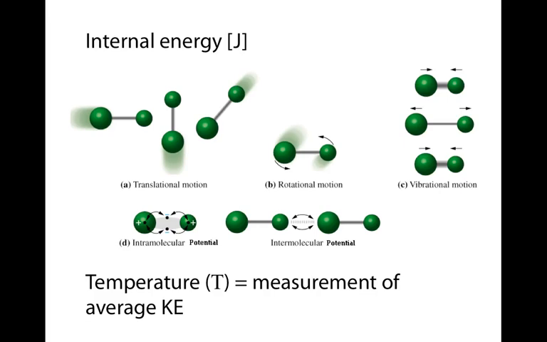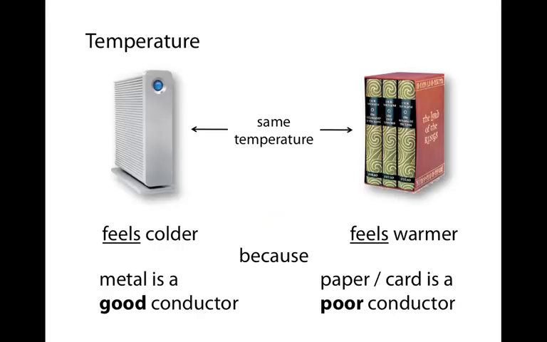Two objects or two samples with the same temperature will have exactly the same average kinetic energy. Notice I said average. The actual kinetic energy of the particles will vary. There will be a distribution, as we'll see later, but the temperature is equivalent to the average kinetic energy of the particles. Temperature also measures the direction of energy flow, which we'll look at later.